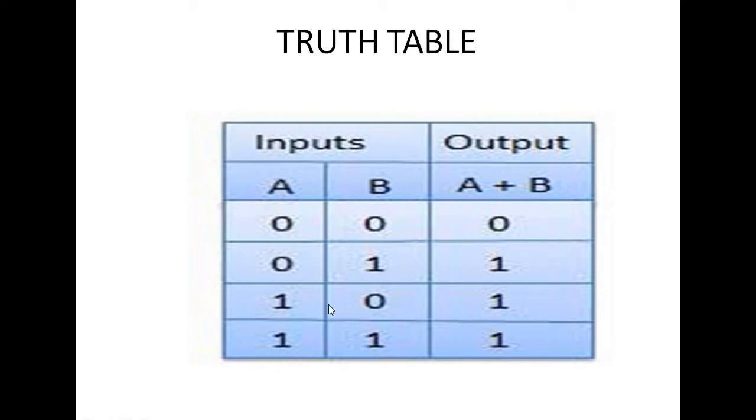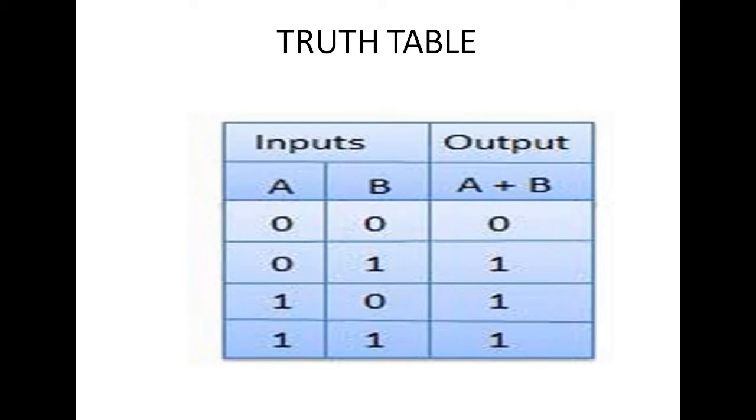If any of the inputs is 1, here B is 1, so output is 1. Here A is 1, the output is 1. Here both A and B are 1, the output is 1. So in case of OR gate, if any input is 1, the output is 1.